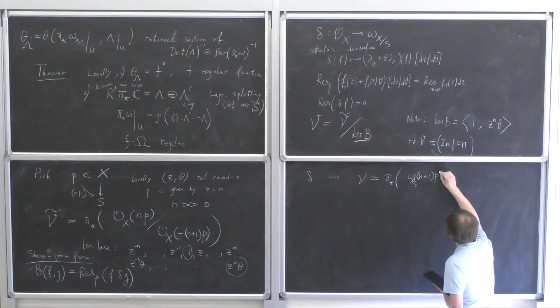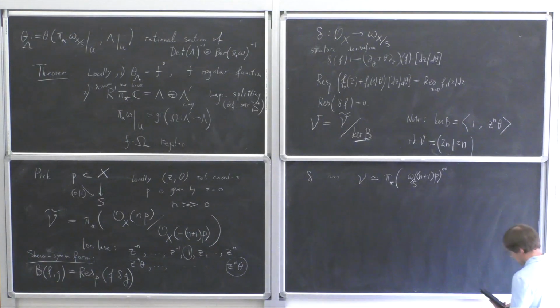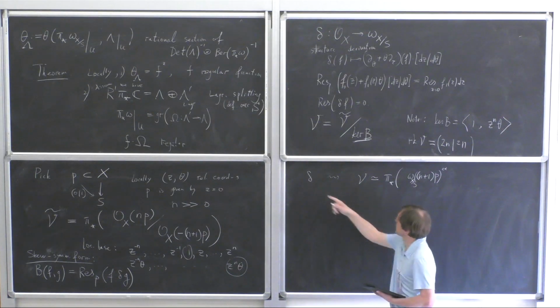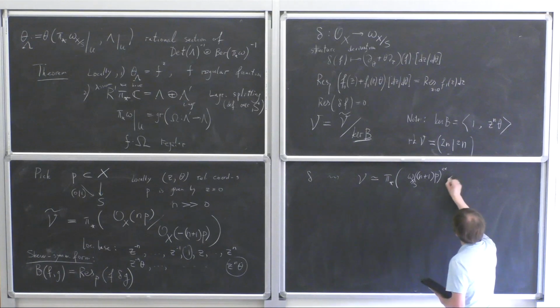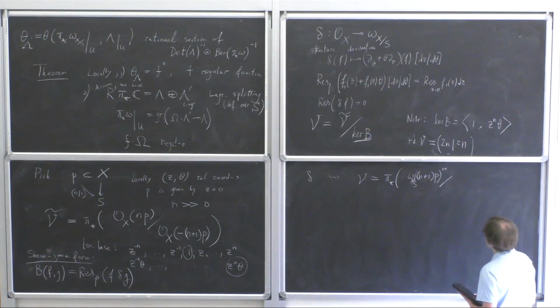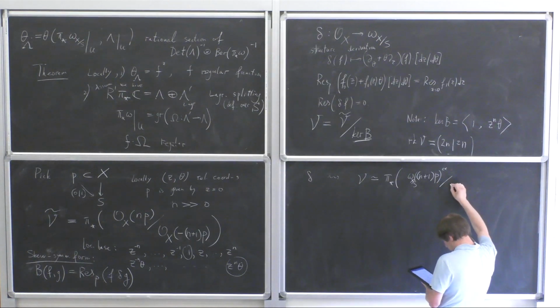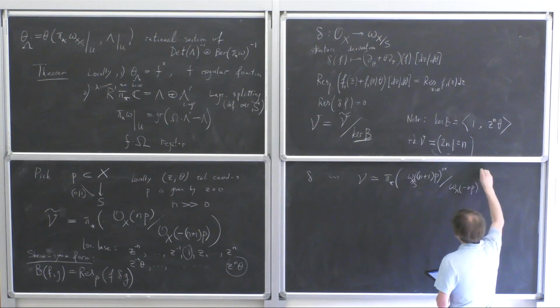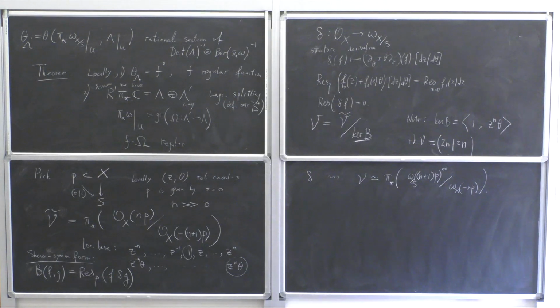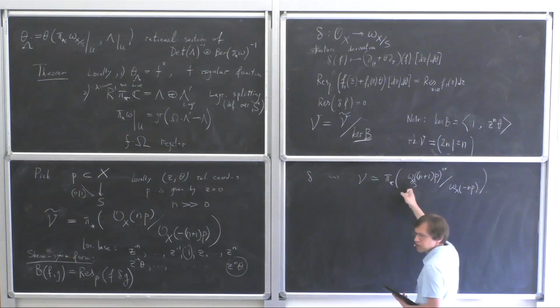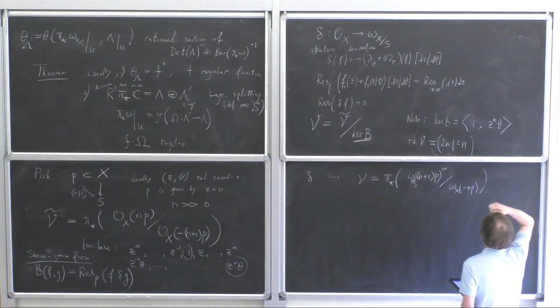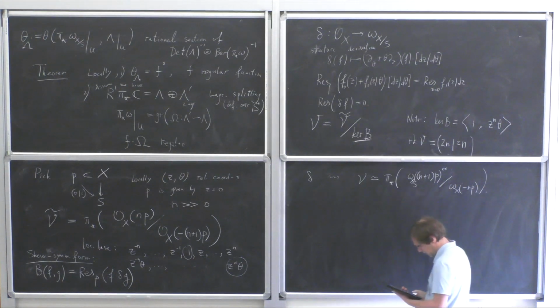And I put locally exact here, meaning that they're differentials of some rational function in terms of this delta. So locally delta exact. Well, this just means that they have zero residue. And then we mod out by omega of minus np. So maybe that answers your question, how to give a global definition of V. This takes care of modding out by this kernel.